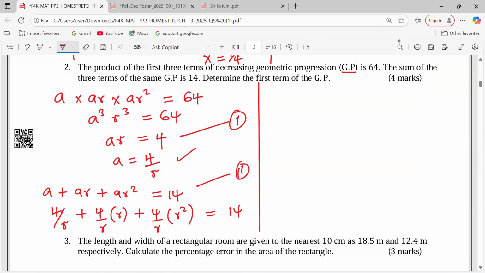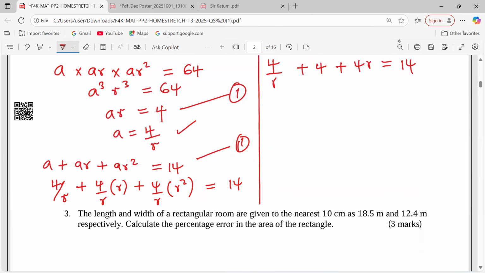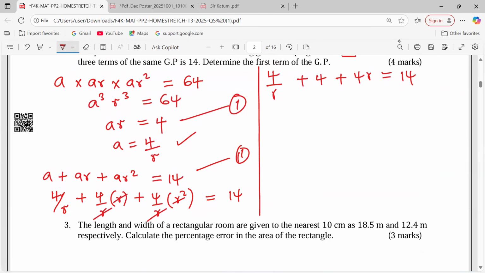So, 4 over r from the first term plus 4 plus 4r equals 14. Why 4r? Because this shall cancel to give us r. This shall cancel while the r there is not cancelled.